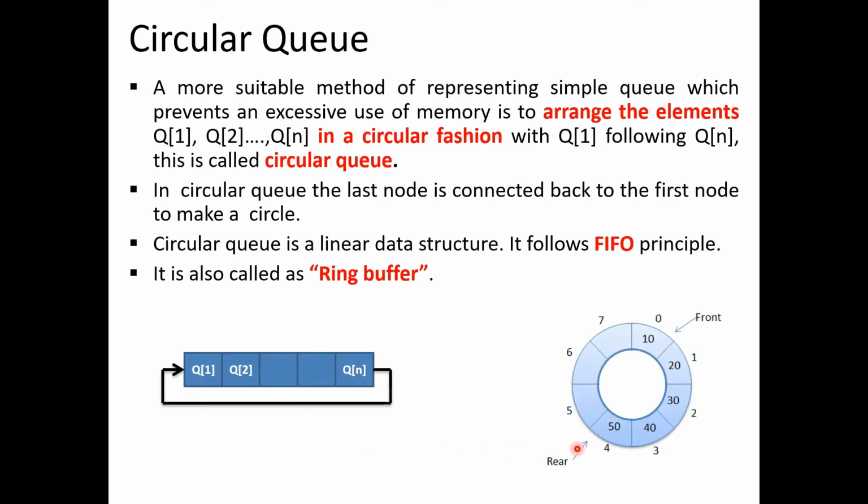This is another way to represent a circular queue. Here front is at position 0, the first element of the circular queue, and our rear is pointed over here. That means we can insert an element from the rear, and it will point at location number 4.